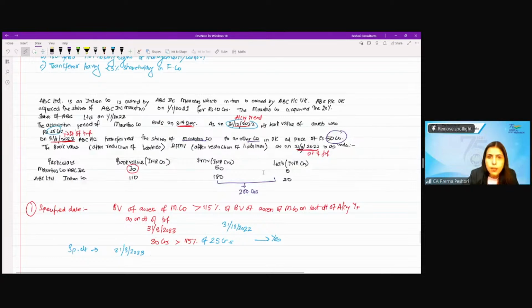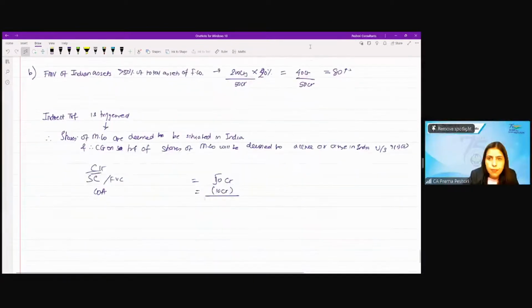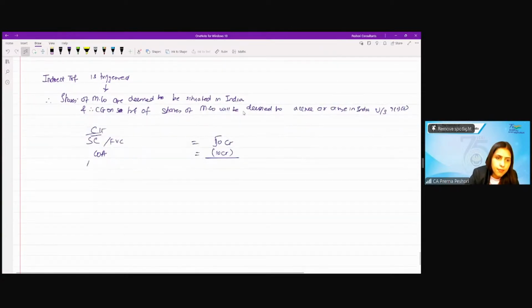Long term. What is the period of holding that we are considering here? 24 months, right? It's an unlisted share. Correct? It's not a listed share in India. So 24 months. So this 40 crore will be my long-term capital gain, but not the entire 40 crore will be taxable in India.